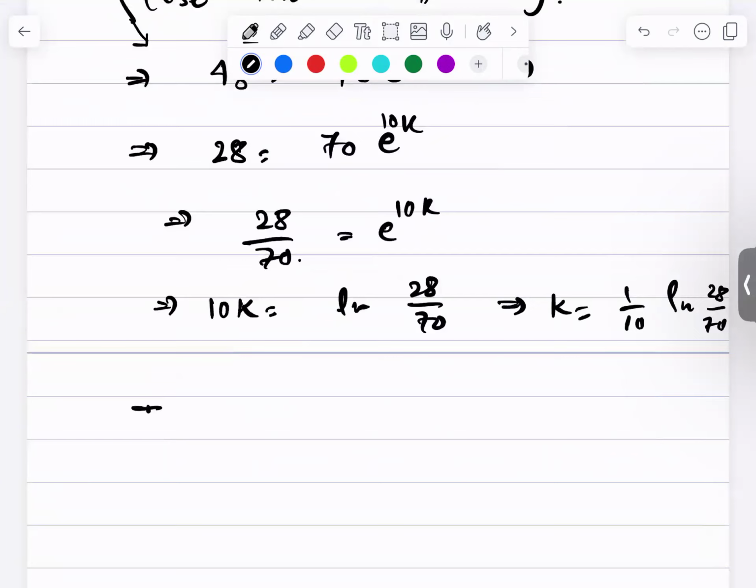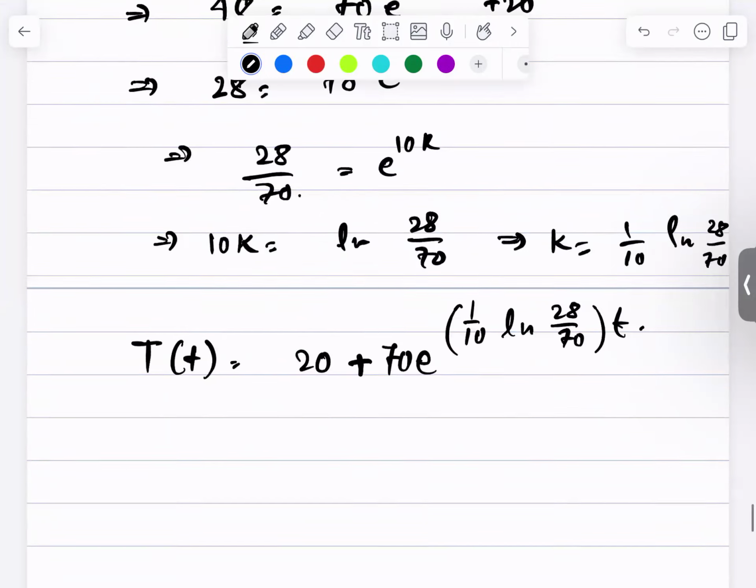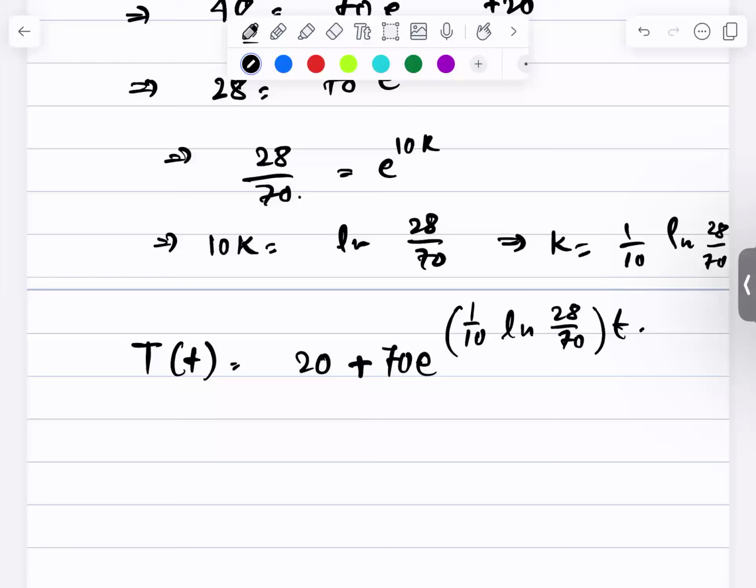Okay, so therefore my equation now becomes, I know what k is as well, 20 plus 70 e to the 1 over 10 ln 28 over 70 times t. Okay, now the question was, not what, sorry, when the temperature is 65. Okay, that was the question.